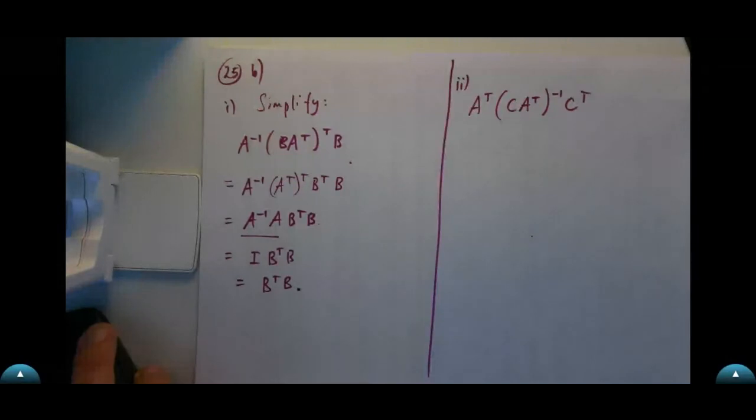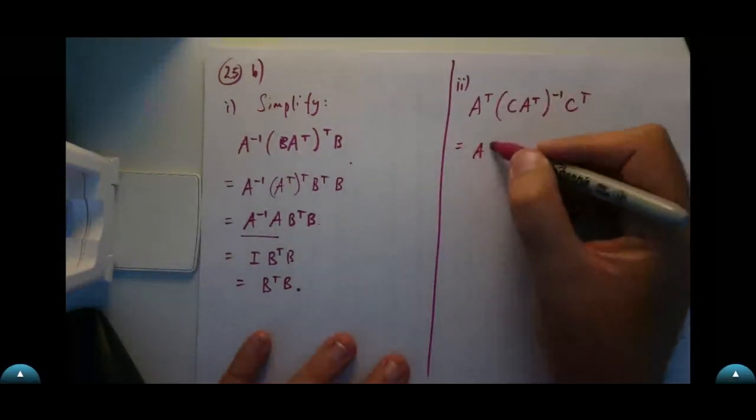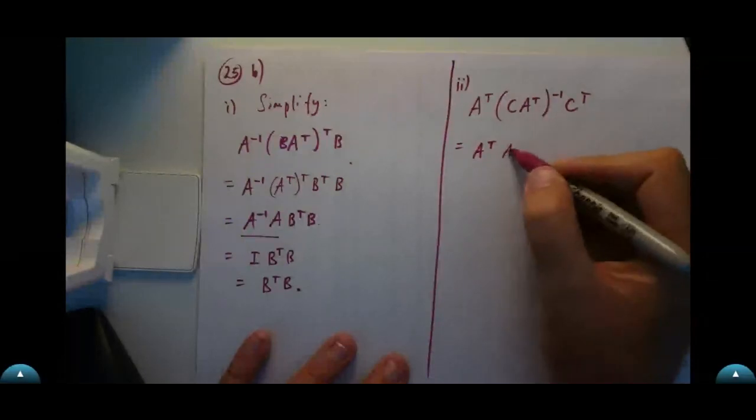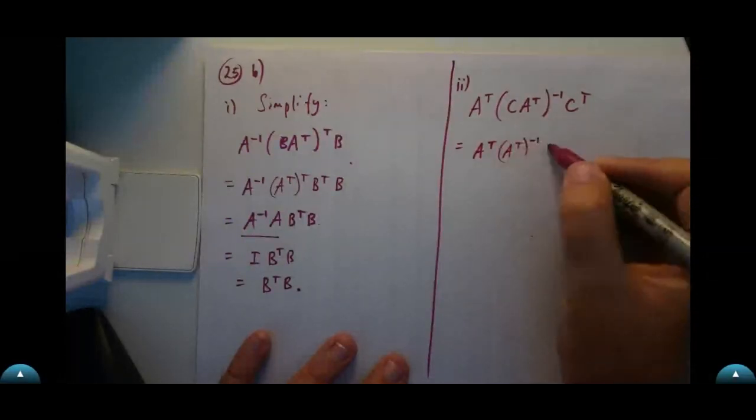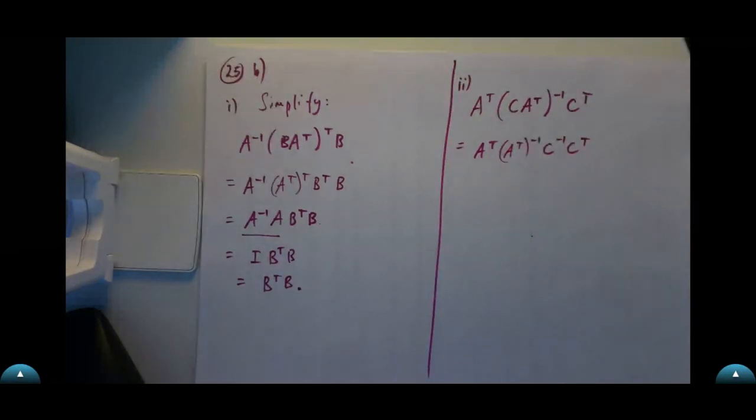Okay. So let's distribute the inverse sign. Okay. So it's A transpose. Change the order.